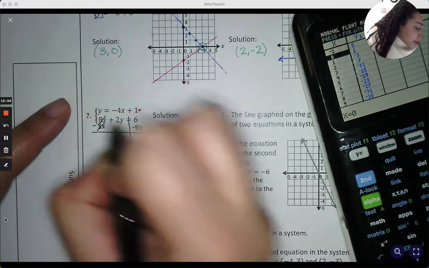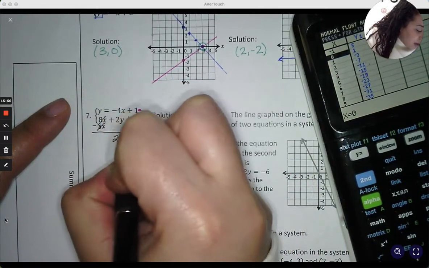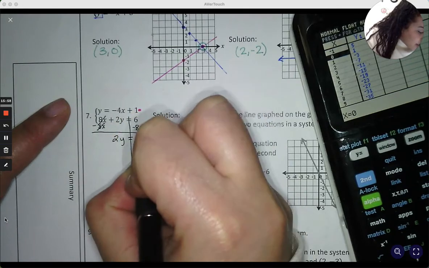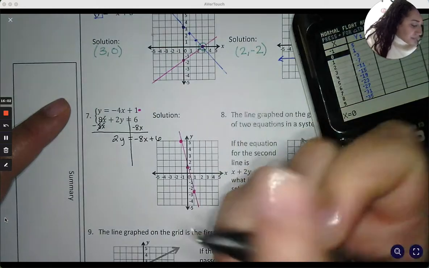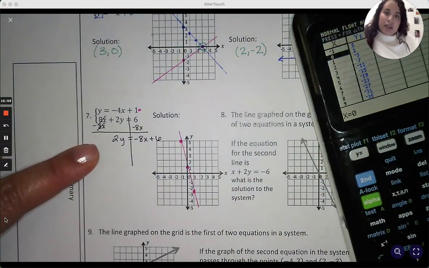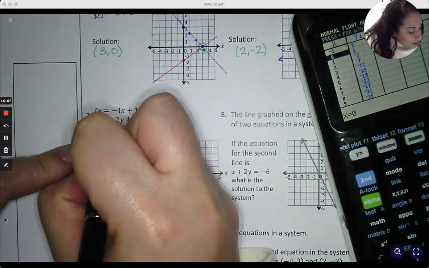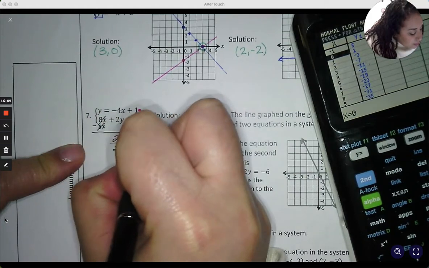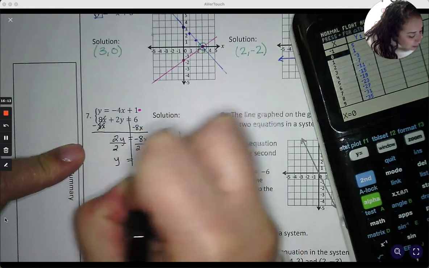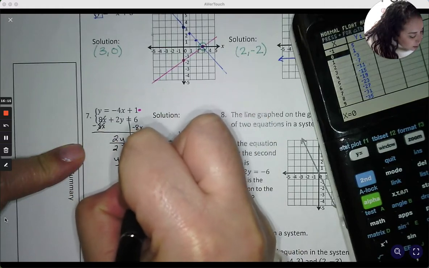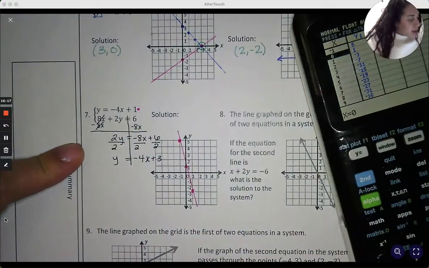So they zero out, so we have a 2y equals negative 8x plus 6. So we kicked out our x, we divide up our stuff. Divide by 2. So y equals negative 4x plus 3.